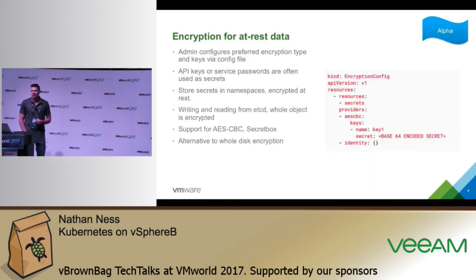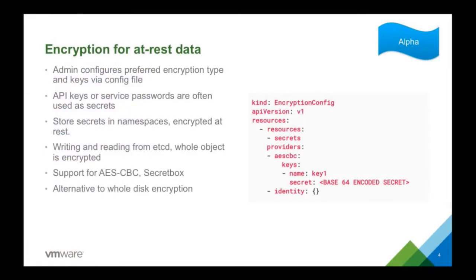The main focus here was enterprise features for deploying Kubernetes in an enterprise fashion. The first one is encrypting secrets. Prior to 1.7, you had to provide another method of encrypting your etcd database. etcd is the key value store that Kubernetes uses to store all of the metadata.